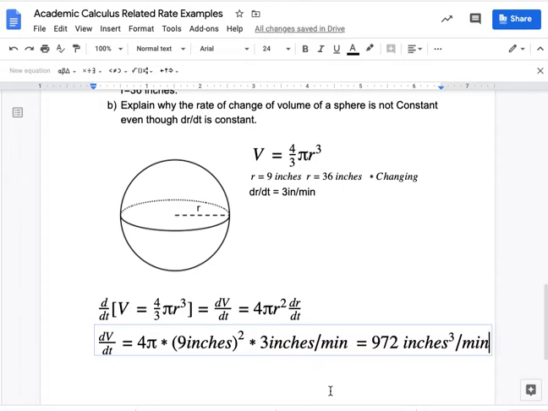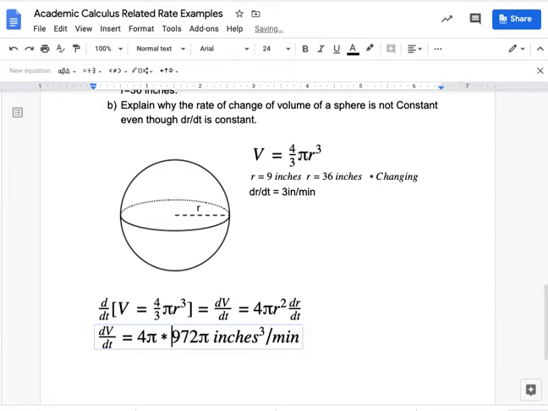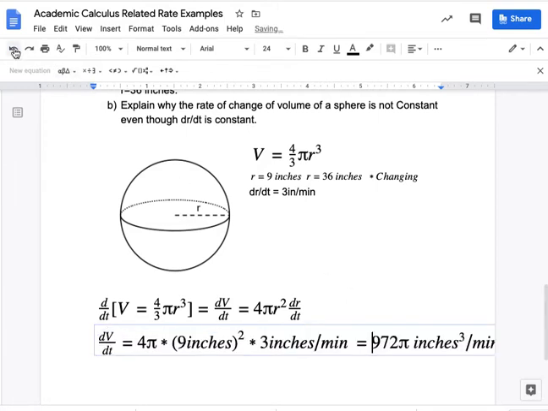And if we double check the answers in the textbook, number 13, we get 972. All right, we forgot something. What did we forget? There should be a pi in here. Not forget that. 972 pi inches cubed per minute. I'm trying to bring it all onto one spot so we could see it all.